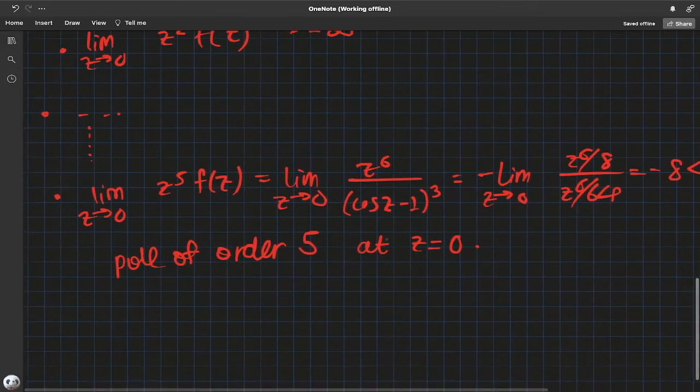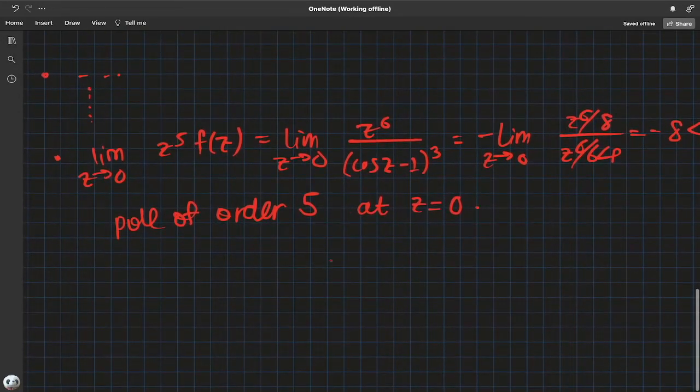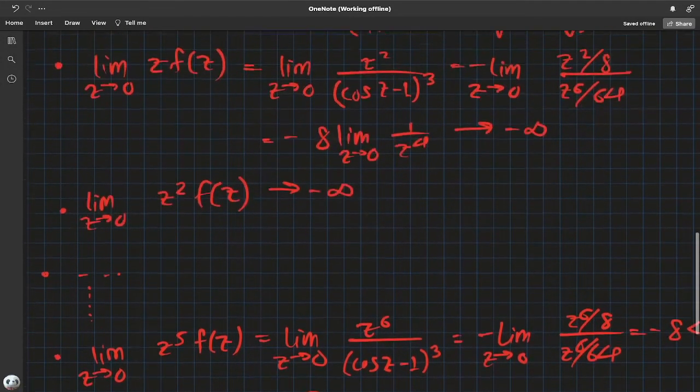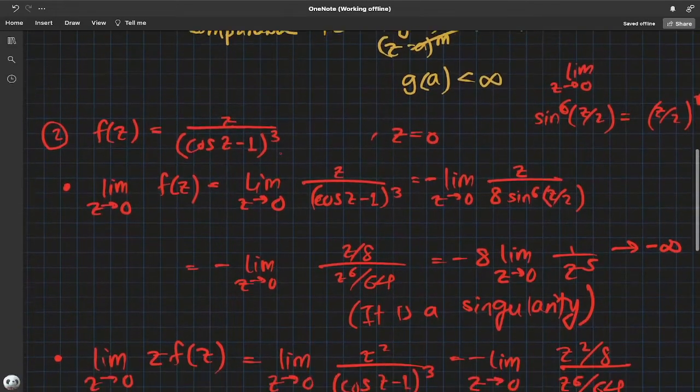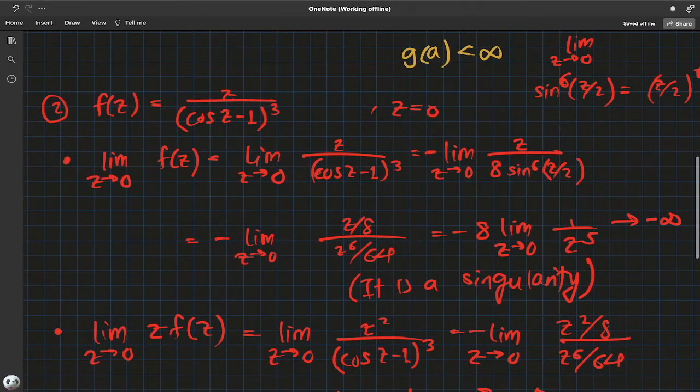So you see these things can get crazy. We just need to keep checking. Advantages for crazy functions like these, where we have some weird cosine trigonometric junk minus some constant, the entire thing raised to the 3rd power: it would have been really hard to do a Laurent series expansion using the contour integral definition.